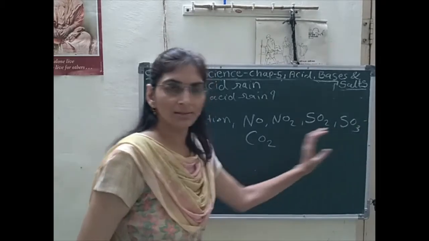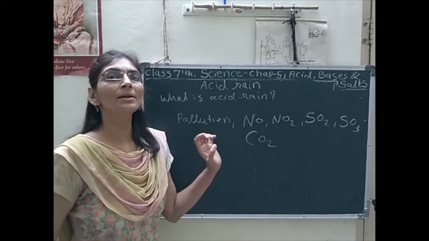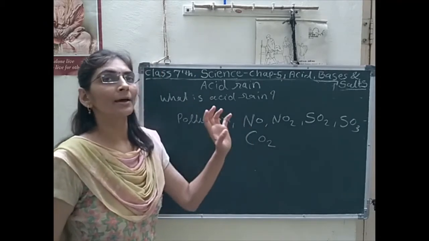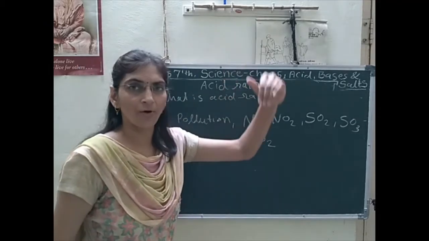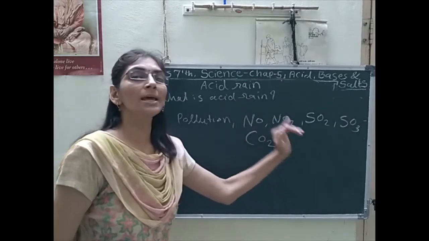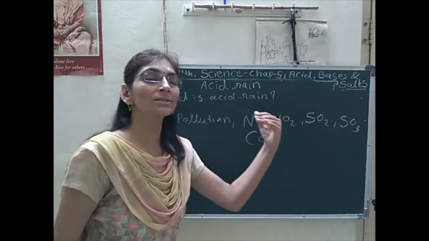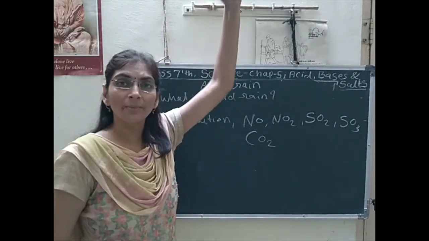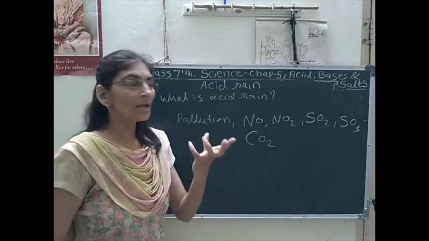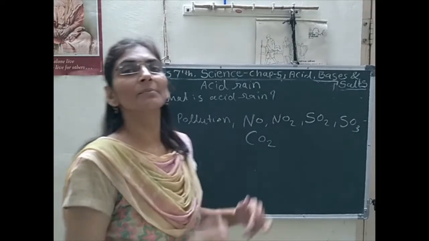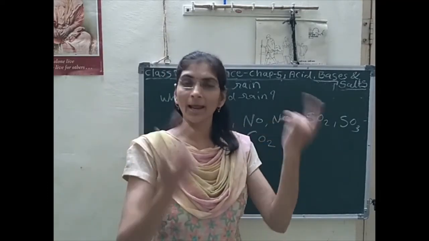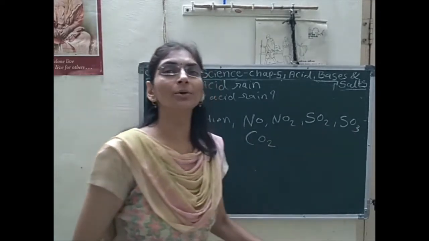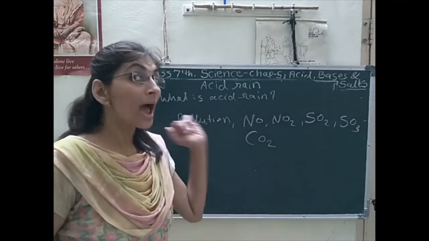Because of these gases, what will happen? When these gases are present in air, they pollute the air. And when the rain falls, those gases get mixed into the rainwater coming from the clouds. When the gases mix with the rainwater, they convert directly into acids.